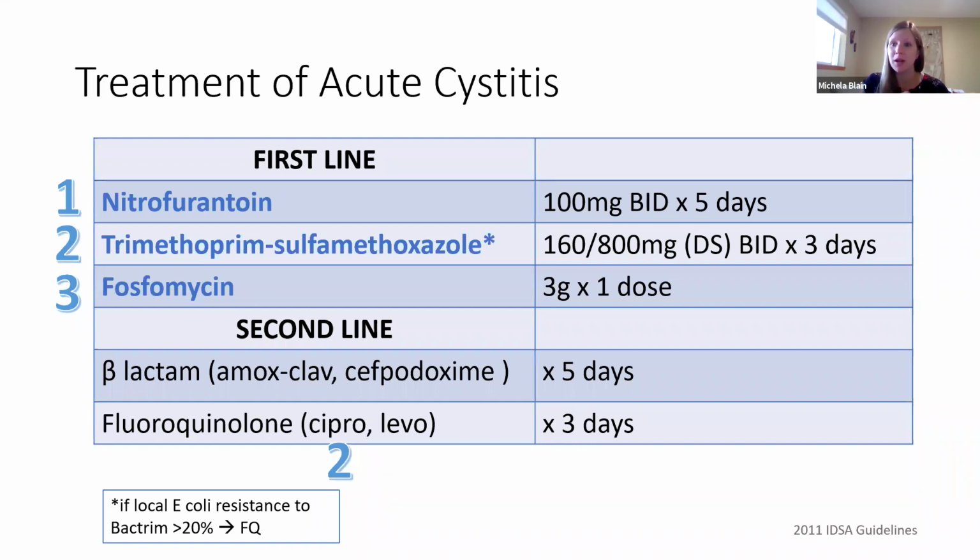It can have a fairly broad spectrum, and we kind of keep it in our pocket for folks who have all these crazy multi-drug resistant organisms and have difficult to treat UTIs. So that's my order of how I'm treating them.